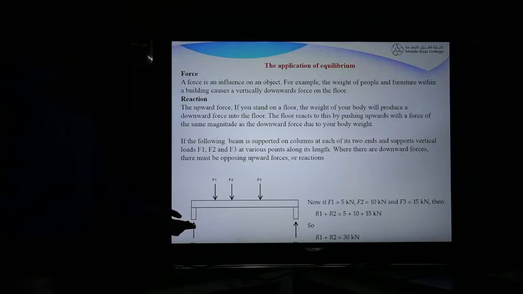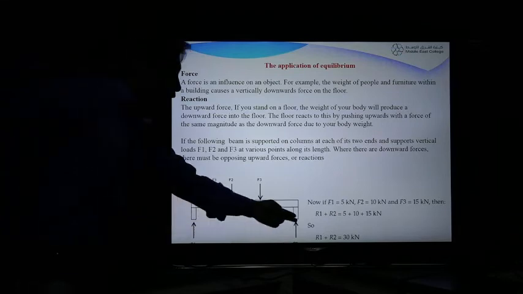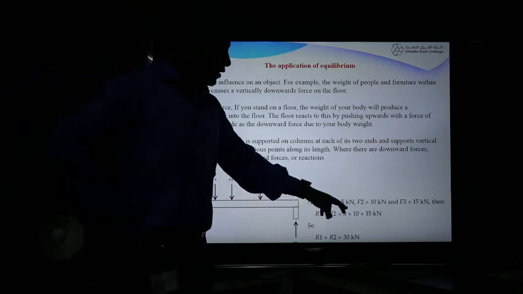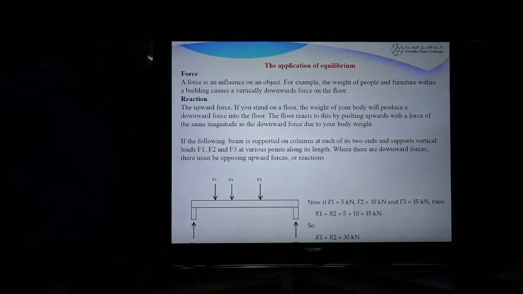So how much force is taken by these two reactions? What are the reactions at these supports? This can be calculated as follows. If you take F1 as 5 kilonewton, F2 as 10 kilonewton and F3 as 15 kilonewton, then the reactions R1 and R2 are given by the sum of all the loads.